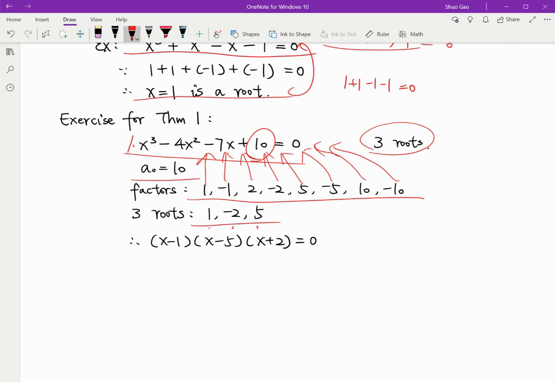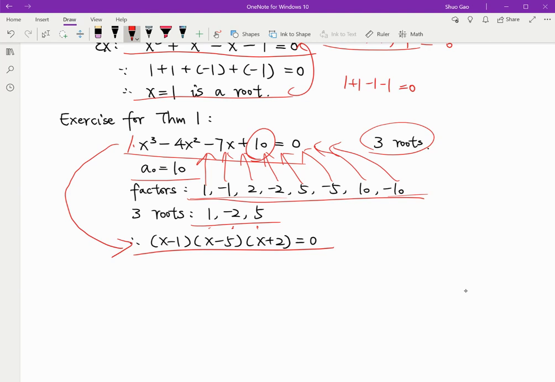So we don't have to use theorem 2 to find all the other rational roots, like 1/2, 1/3, something like this. All 3 roots are integers. So in this example, it's very easy to find all the roots by simply plugging in all the factors here. We can rewrite this complicated polynomial function into a simpler one after factorization.